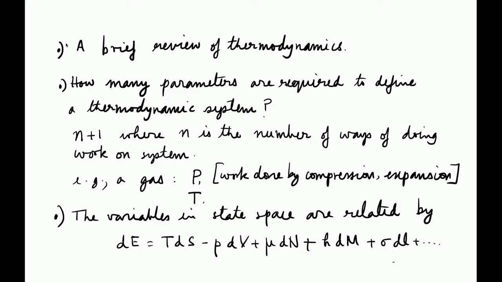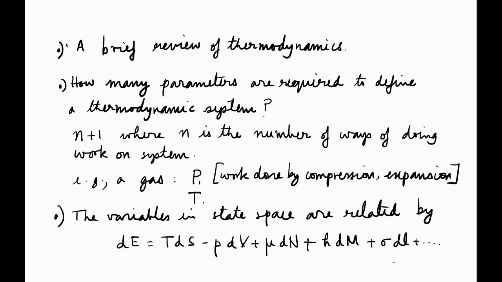So there is the first law, second law and so on, but there is one fundamental relation one must remember. This is the relation that governs your state variables in your phase space. So your phase space may be defined by pressure, temperature and so on, and now you ask, if I go to a nearby point in phase space, how does energy change, for example?